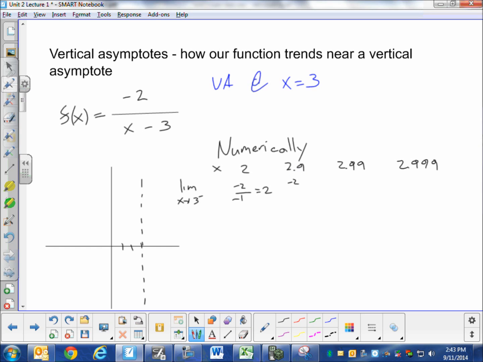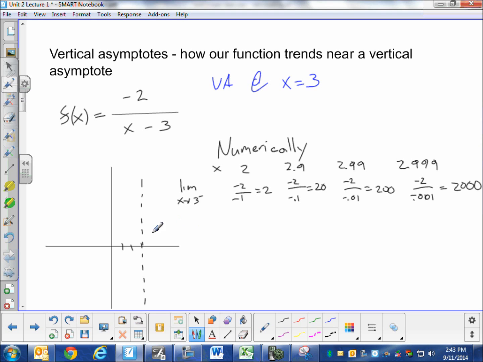Negative 2 over 2.9 minus 3 is negative 0.1, so this is 20. Negative 2 over 2.99 minus 3 is negative 0.01, and that turns into 200. And then one more 9 added would be one more 0 added, both in the denominator and in my resultant value.